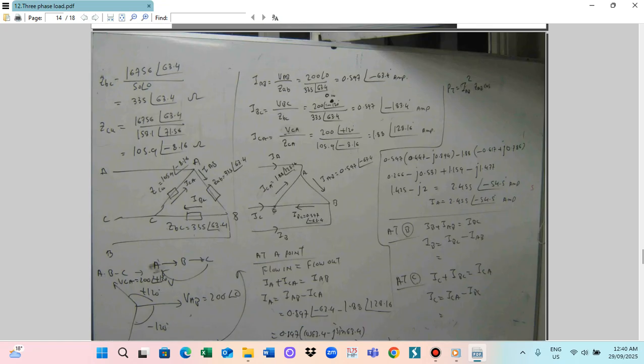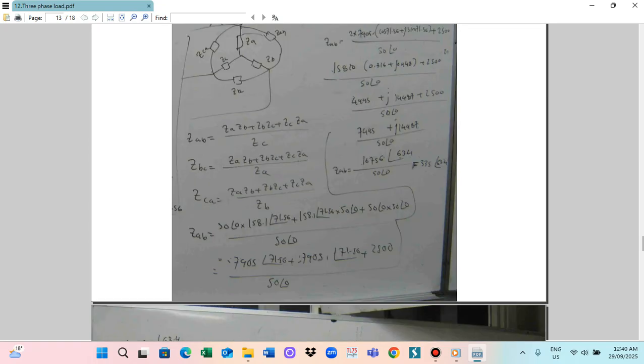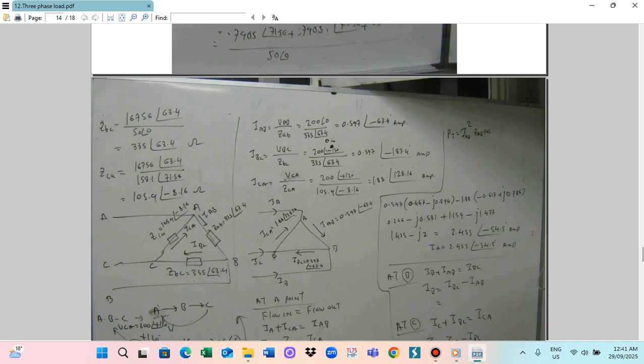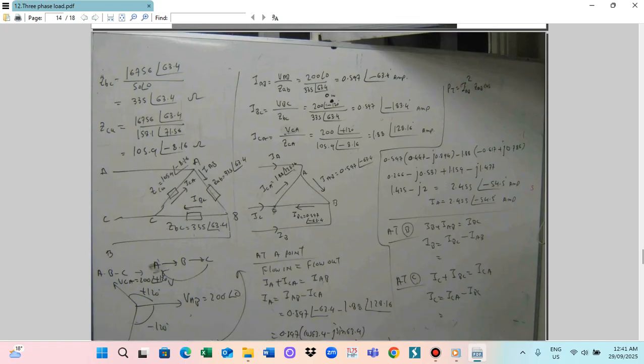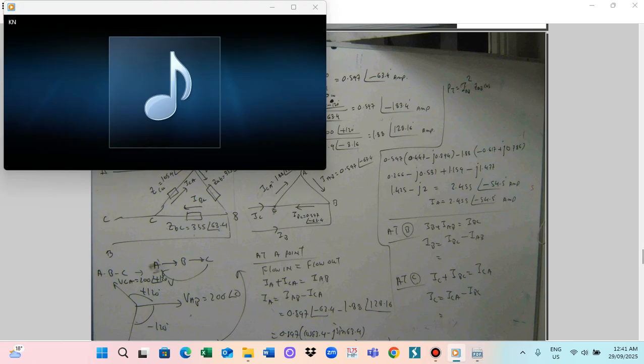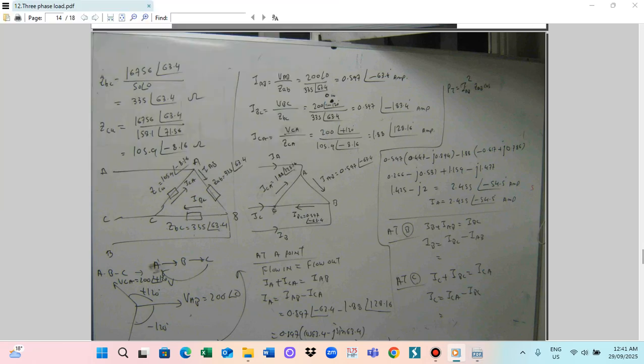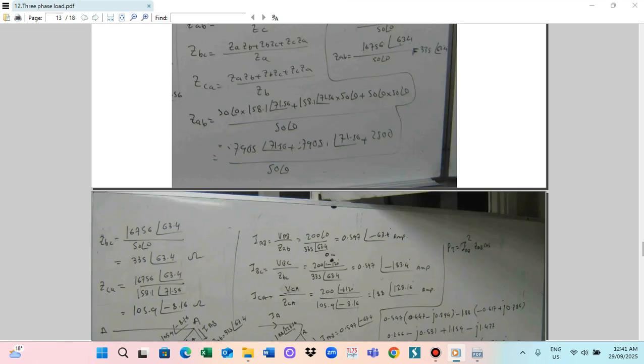So you get 16770. The angle is the tangent inverse of the imaginary part divided by the real part, which gives 70.22 degrees, divided by 50 angle 0. So this is the ZAB.